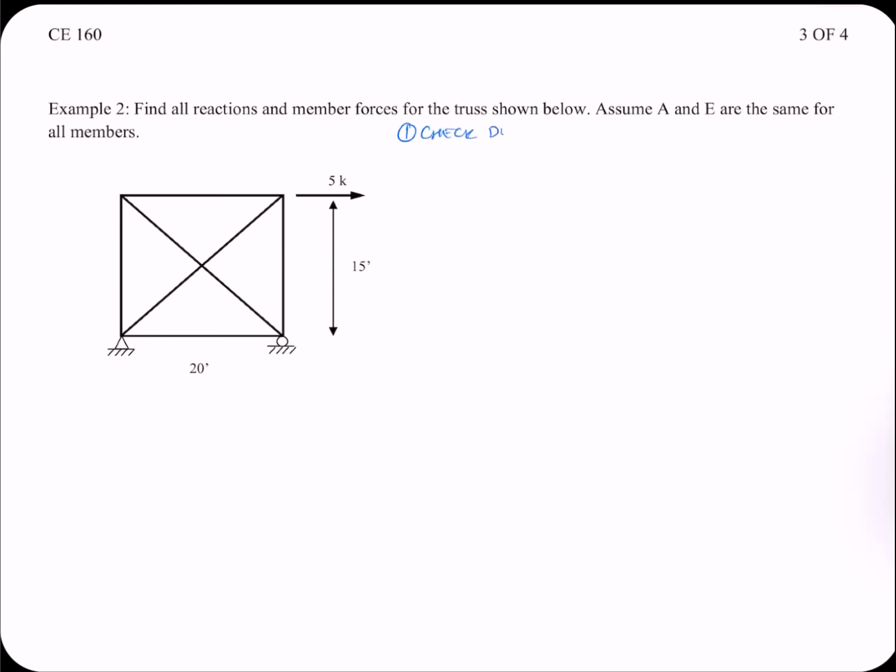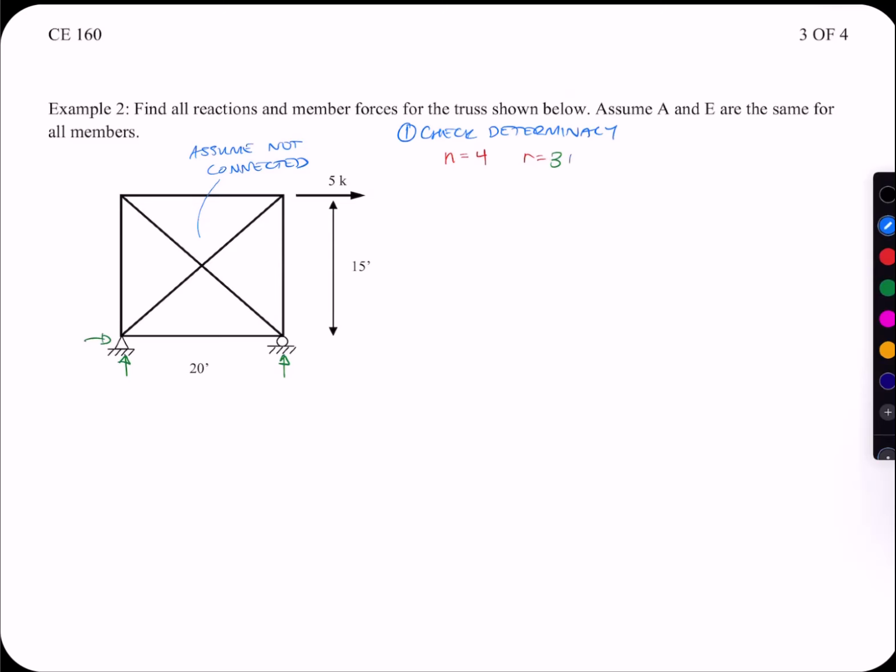Check determinacy. We are assuming it's not connected. It could be, that would be fine. Again, the math would eventually work out the same in terms of determinacy. So our number of joints is 4, and our number of external reactions is 3, plus our members, 6.